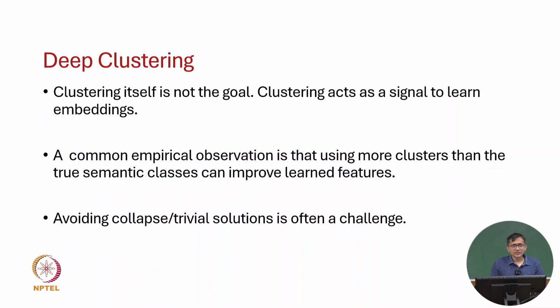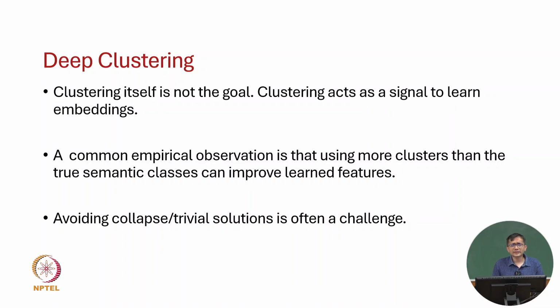One of the challenges that is often faced when applying deep clustering, and also some of the other methods that we'll talk about later in self-supervised learning, is avoiding collapse or avoiding trivial solution.